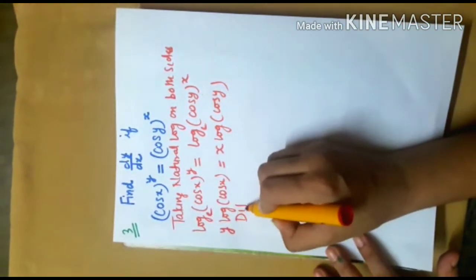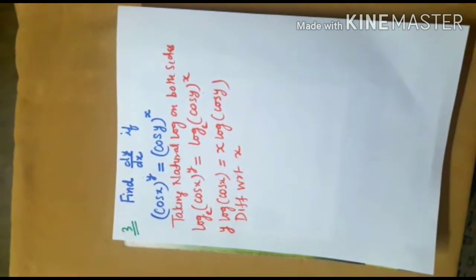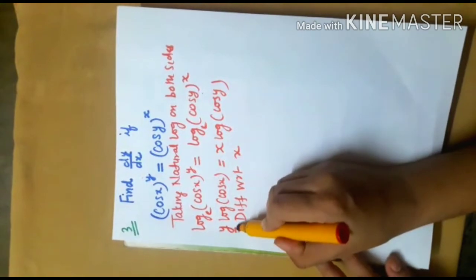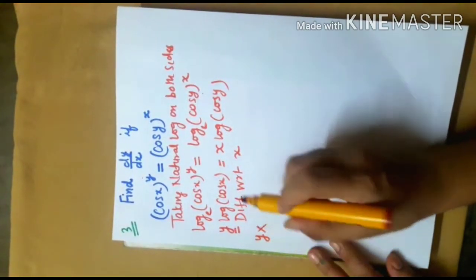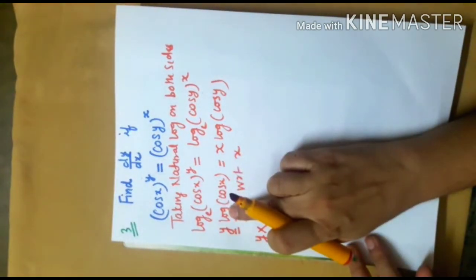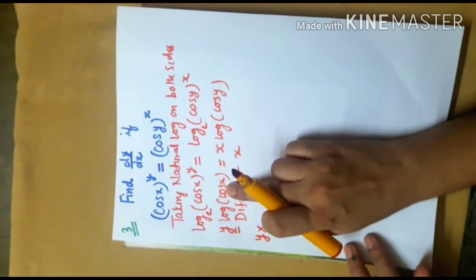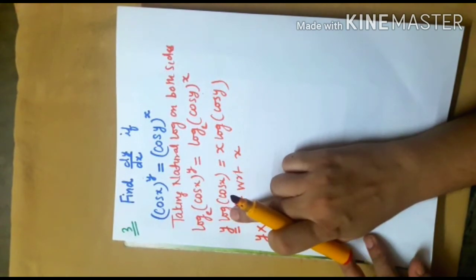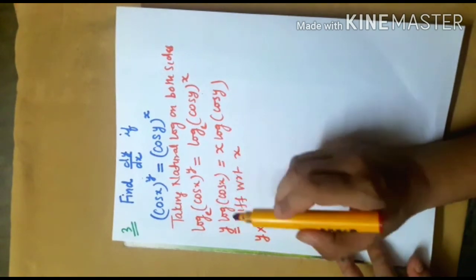Now I'll differentiate both sides with respect to x. So here I'll apply the product rule. So first function into derivative of second function. Now it is the composition of two functions, log x and cos x. So I'll apply the chain rule. So first find out the derivative of the outer function, that is the log x function.